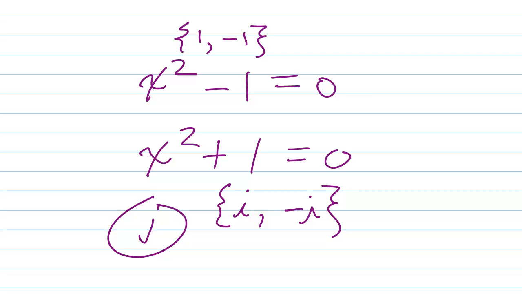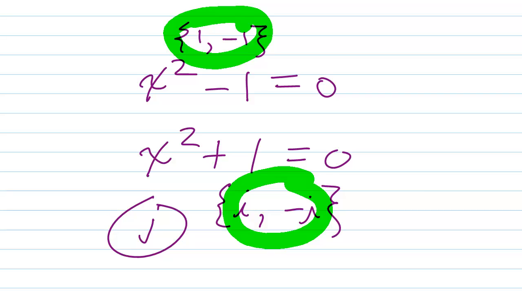But we get into a kind of conundrum here, because when we talk about a solution set, are we talking about 1 or -1? Are we talking about i or -i? Is it an either-or situation? Or is there some way that we can consider these solutions to be two-valued numbers?